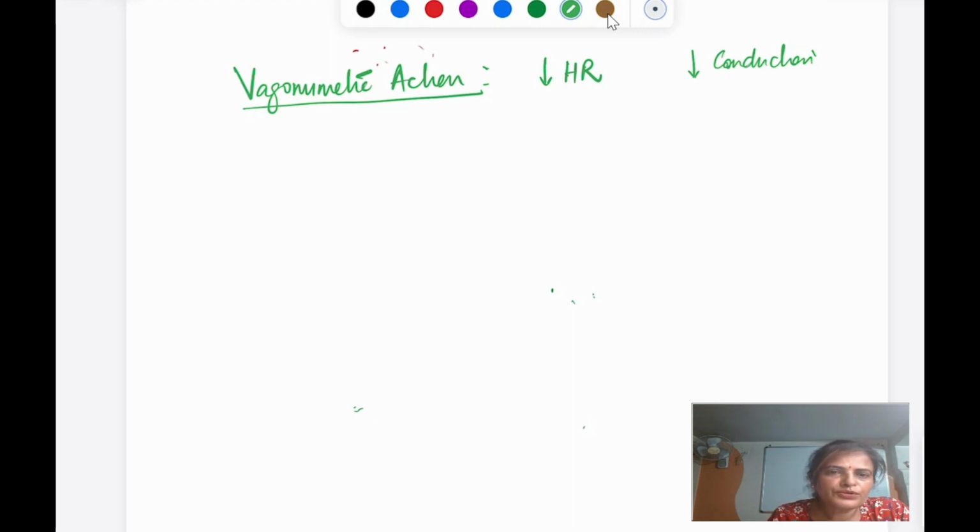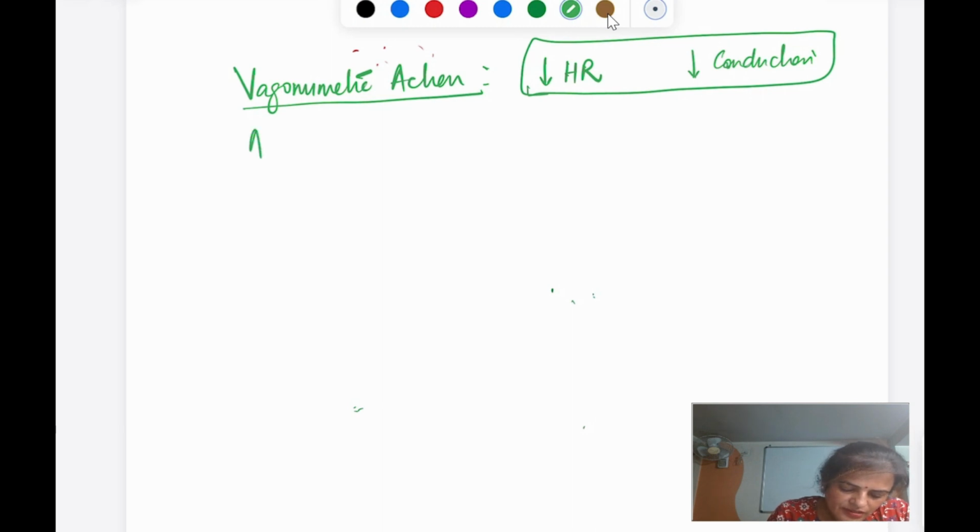So where are we going to use this drug? Where the cardiac output is decreased because of systolic dysfunction. And this vagomimetic action, where can we use it? In atrial fibrillation. Okay, so atrial fibrillation. What is atrial fibrillation?